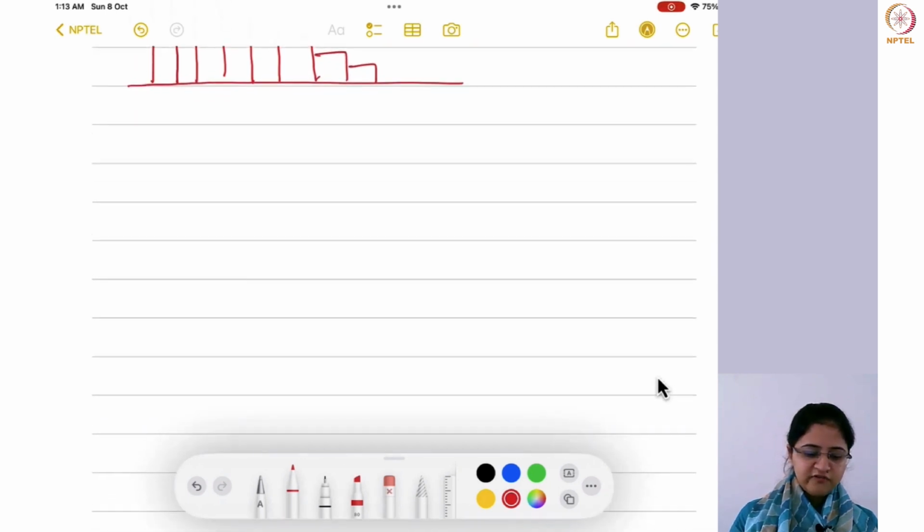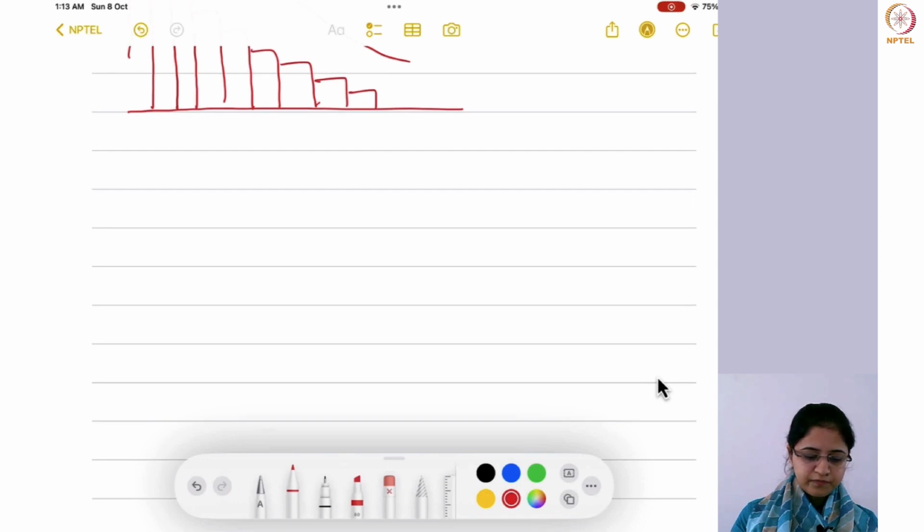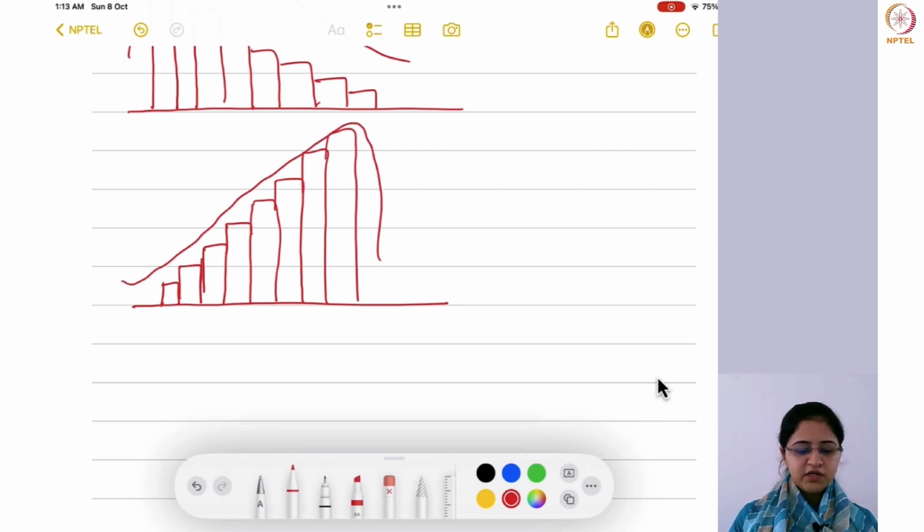Instead, it might be left skewed also. So in that case, what will happen? The shape of your histogram would be something like this. When you divide the data set into different bins and then draw the histogram, it would look something like this. So in this case, it is again unimodal, but it is left skewed, right?